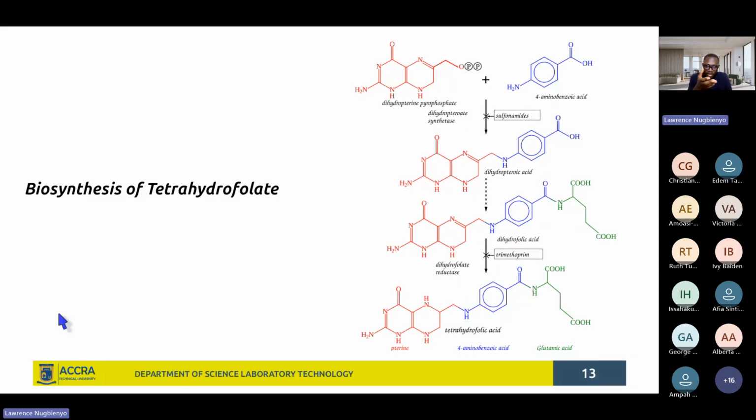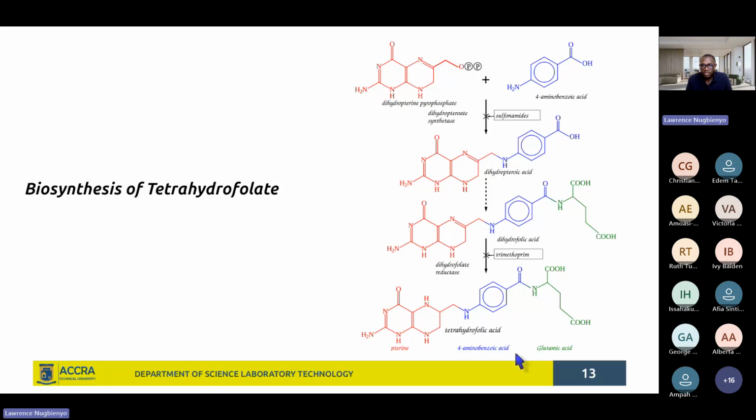So you have such a system for the synthesis of tetrahydrofolate. We are seeing the process of the synthesis of tetrahydrofolate in 3 reactions. If you look at it, 3 arrows: 1, 2, 3, it's 3 reactions.